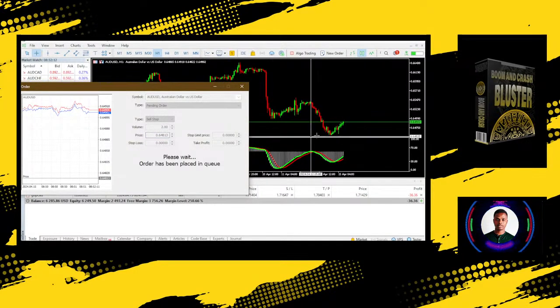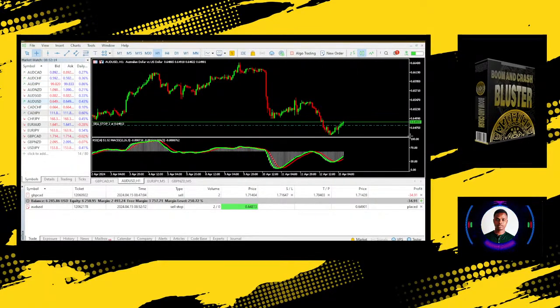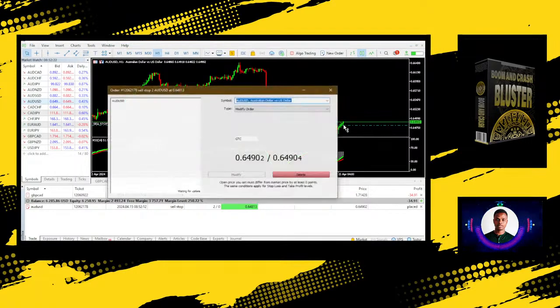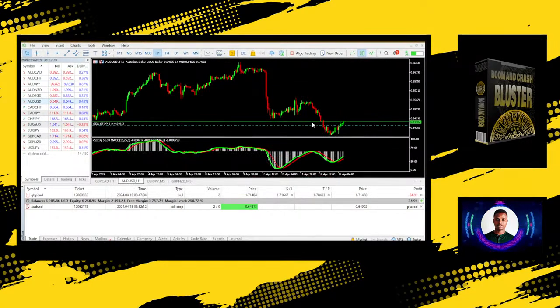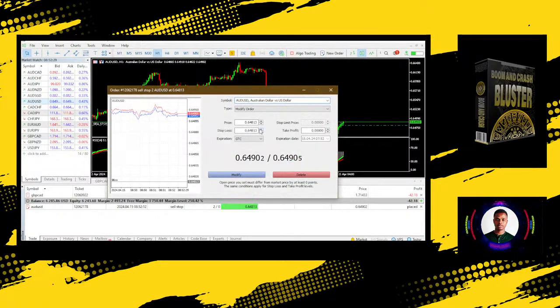So if the market, you can see here, creates a red candle and then it closes below this zone right here, we are going to be inside the market, right? So let's just put a stop loss for this one, and I won't put a take profit. Let's see what we can do here.